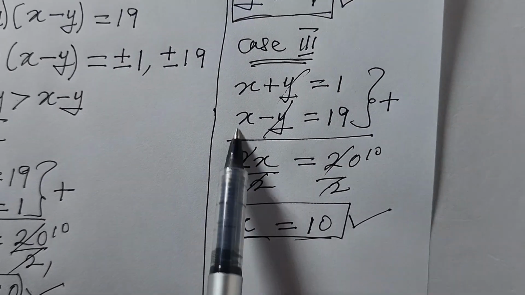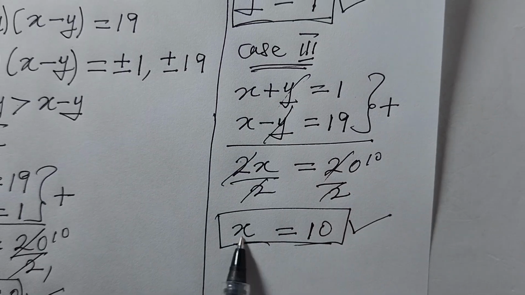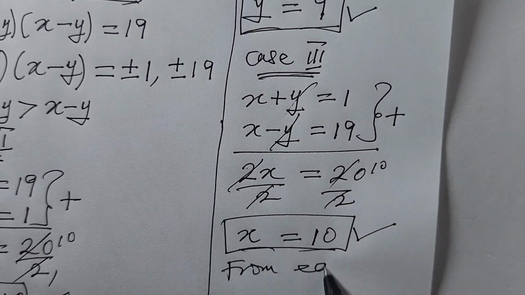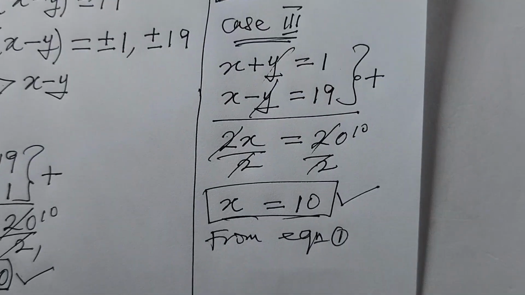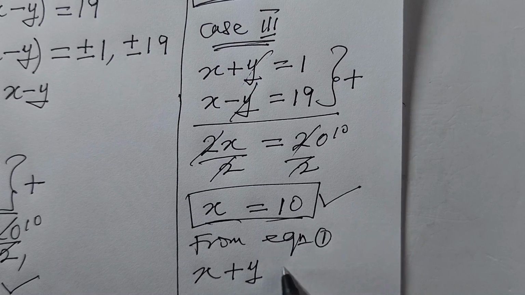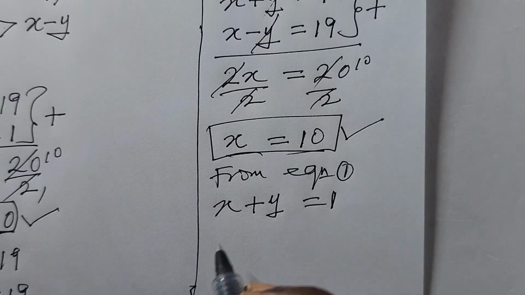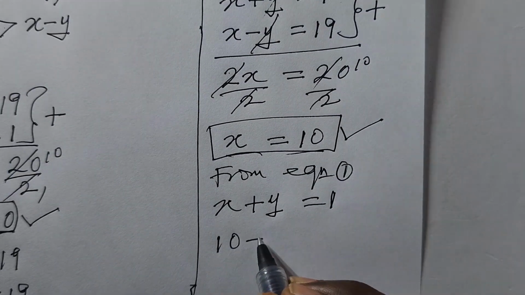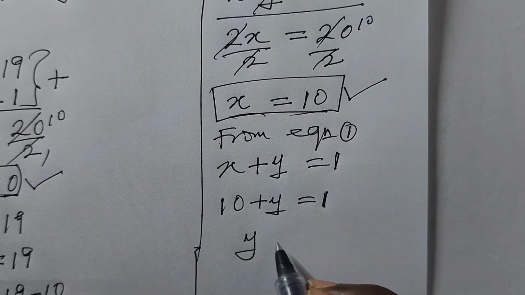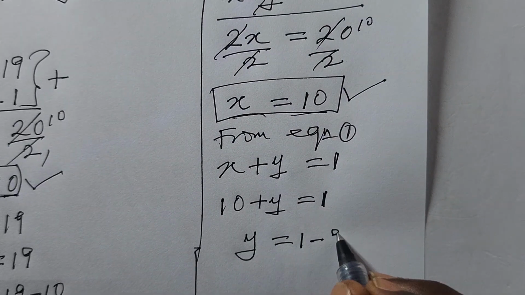So from equation 1 in case 3, x plus y equal to 1. We have 10 plus y equal to 1, so y is equal to 1 minus 10.